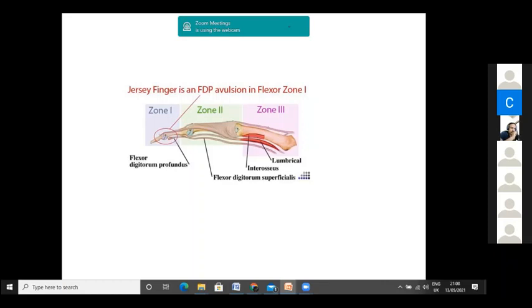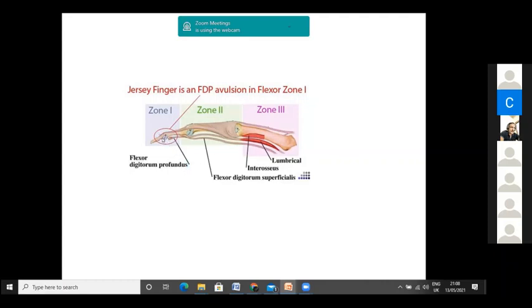Bone to tendon healing. Yes, if you have a tunnel, the tendon healing is almost assured, because the tendon going inside the tunnel has more surface area. When you attach the tendon to the end of the bone, the surface area is less and the healing chances are less compared to a tunnel.